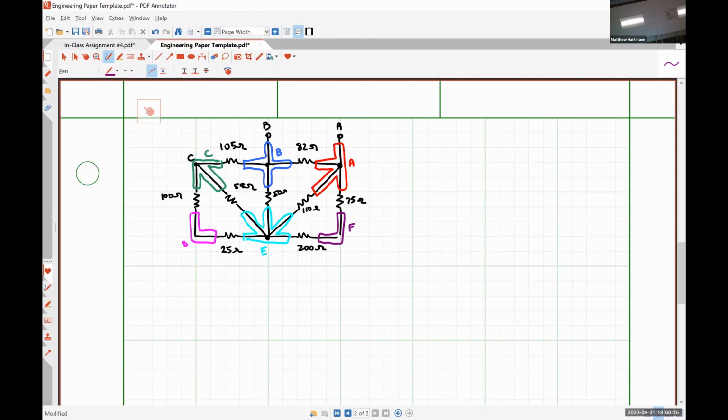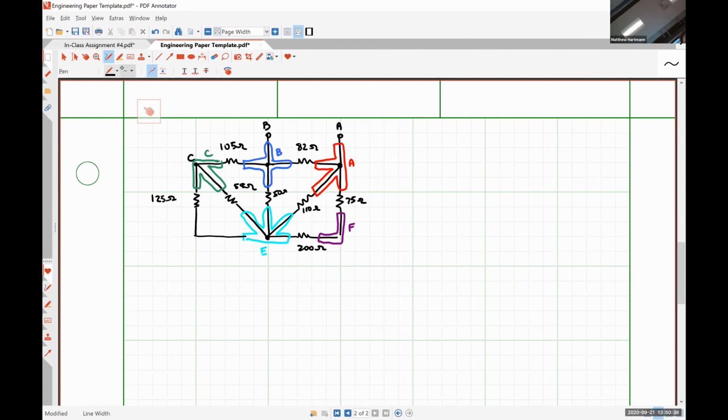So how do I combine those two? Add them. So 100 plus 25 is 125. So I'm going to replace this guy with a 125 ohm resistor. And then my 25 ohm resistor goes away.